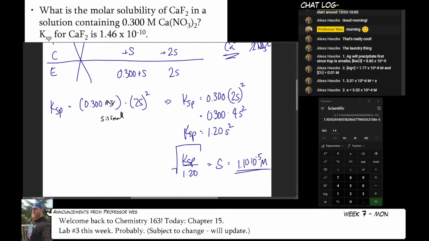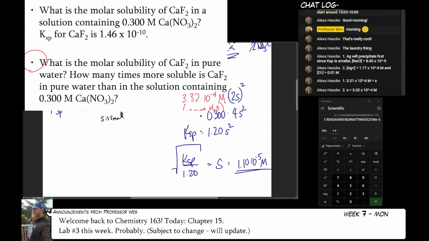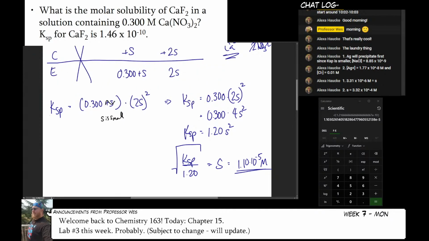All right. And then compared with water, what was our amount for water? 3.32 times 10 to the minus 4. So you could see that it had an effect. It is slightly less soluble now. Now, because it's not the one that we square for KSP, it's not going to have the biggest effect, but it definitely has some effect.